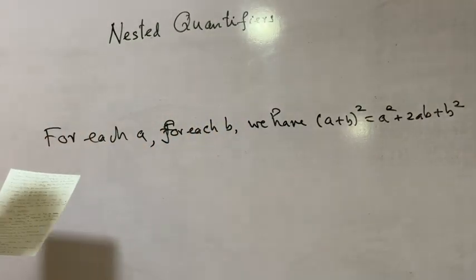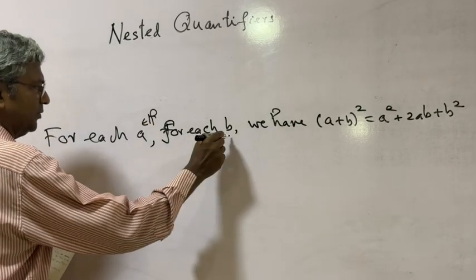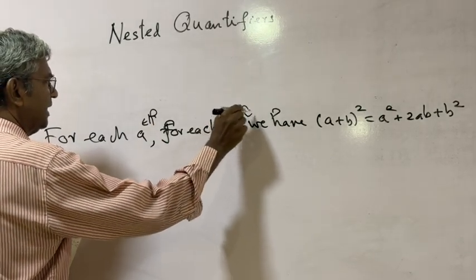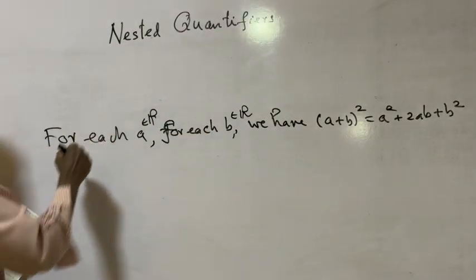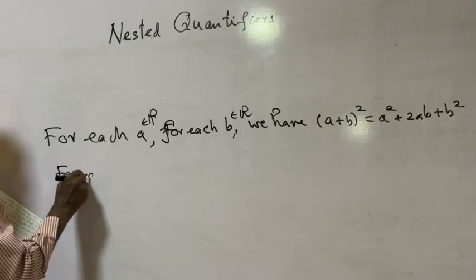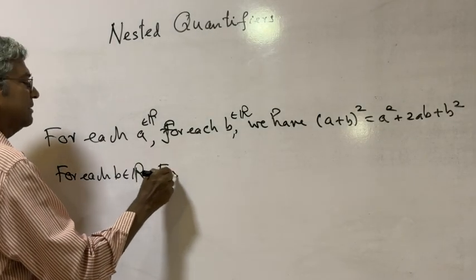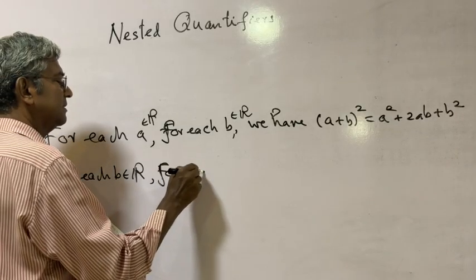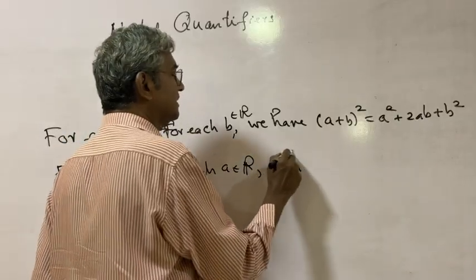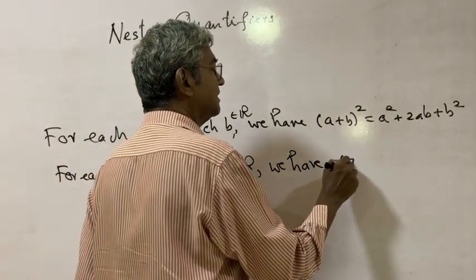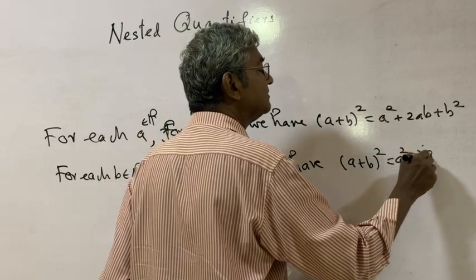It's good to have written for each a belongs to R, otherwise you may not know. For each b belongs to R, we have that. Or even if you swap, for each b belongs to R, for each a belongs to R, we have (a plus b) squared is equal to a squared plus 2ab plus b squared.